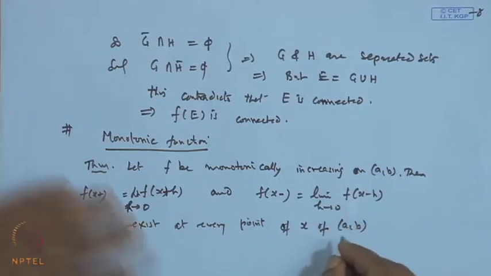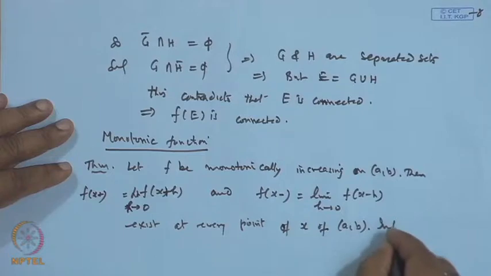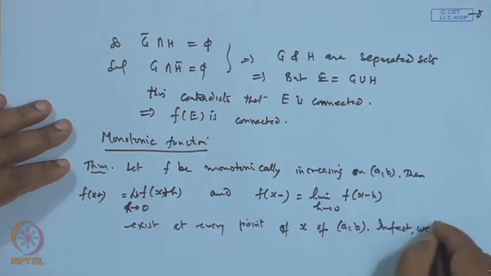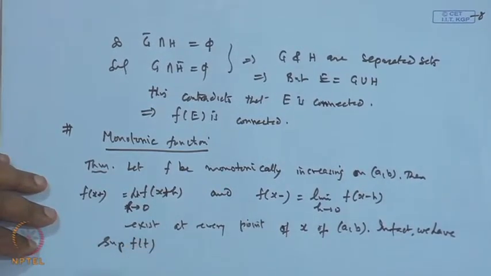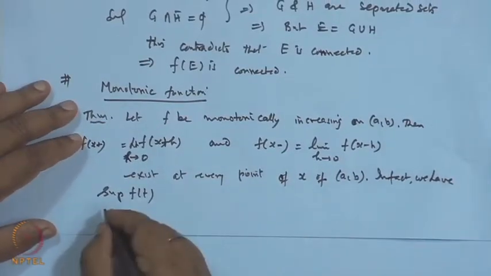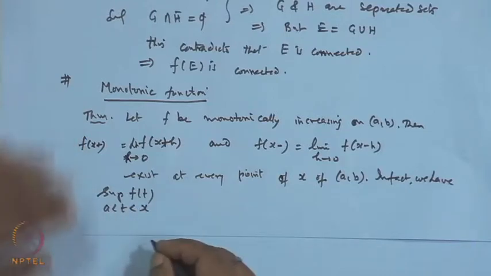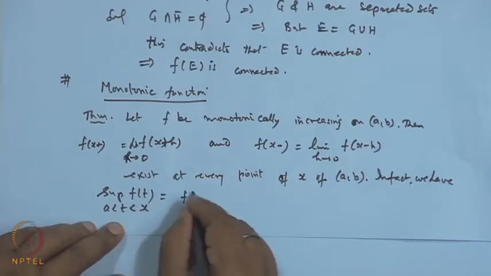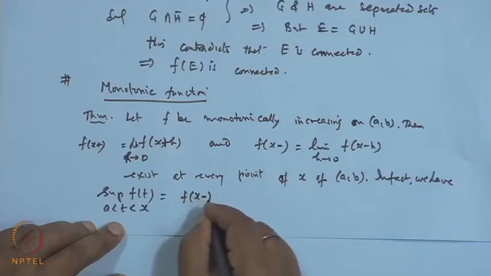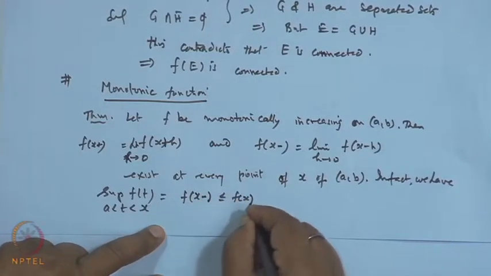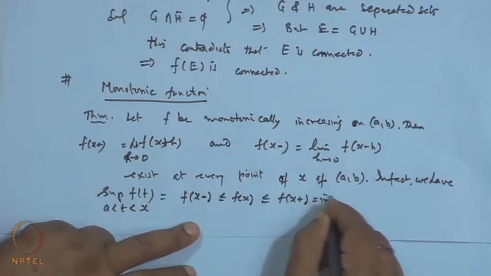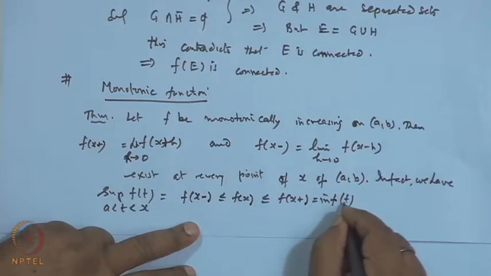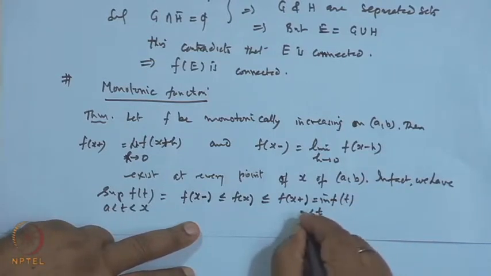And in fact, we have this inequality, that the supremum of f(t) when t lies between a and x will be equal to the left hand limit, which is less than or equal to f(x), which is less than or equal to the right hand limit, and which is equal to the infimum of f(t) when t lies between x and b.